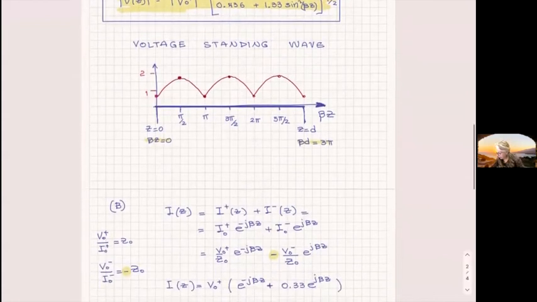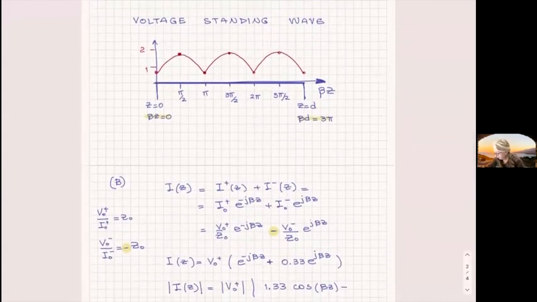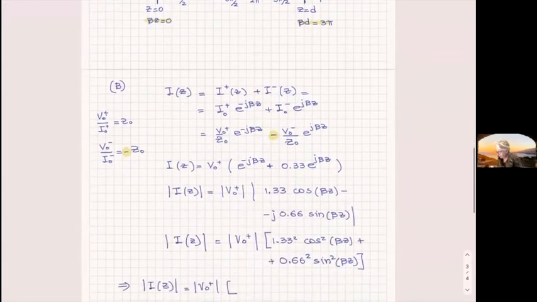Okay, it's not exactly the values I got, I'm trying to do things fast. So that is correct. So 1.33 squared, which is 1.77.